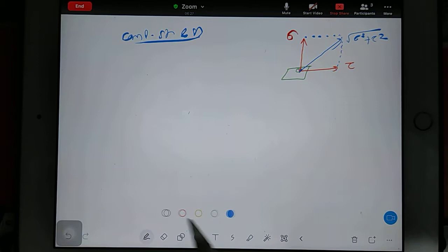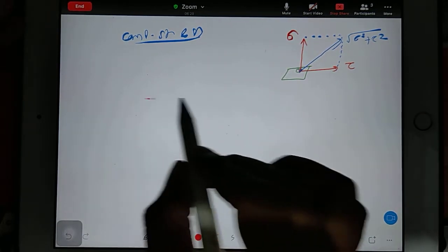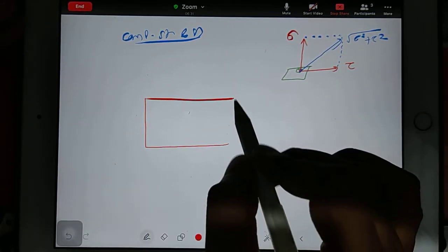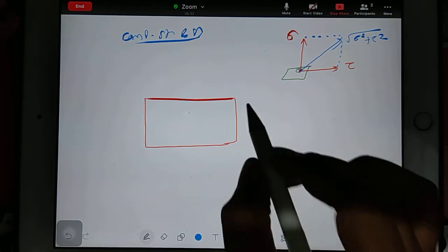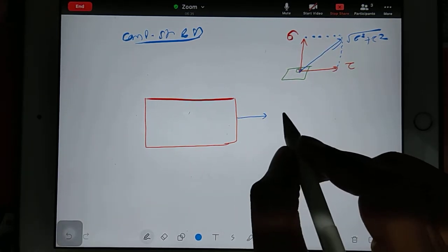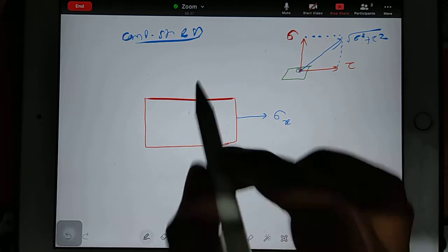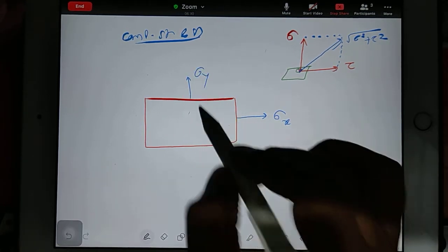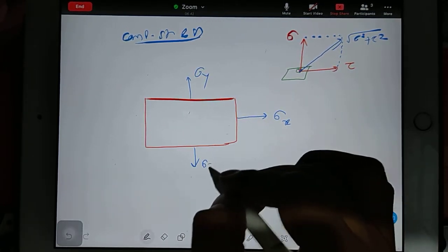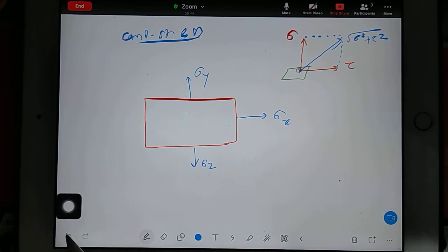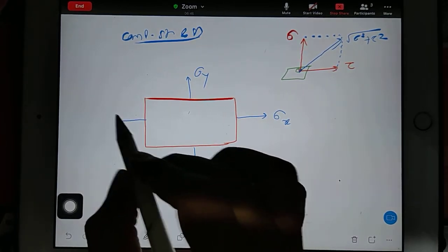What does it mean? Suppose you have this kind of object, and on this object, in this direction, direct stress sigma x is acting, in this direction sigma y, and in this direction sigma z, sigma y, and in this direction sigma x.